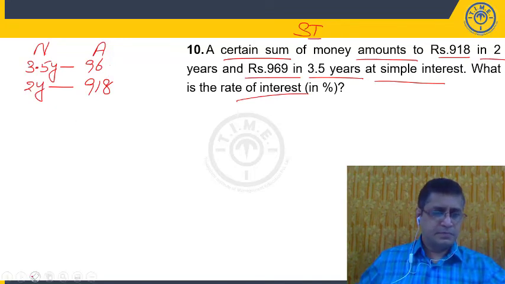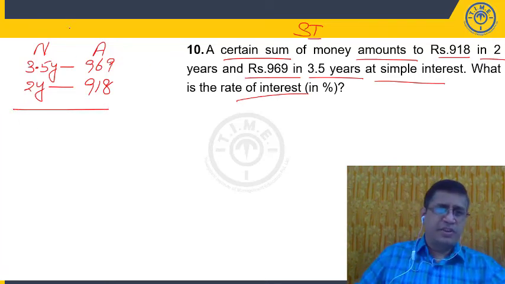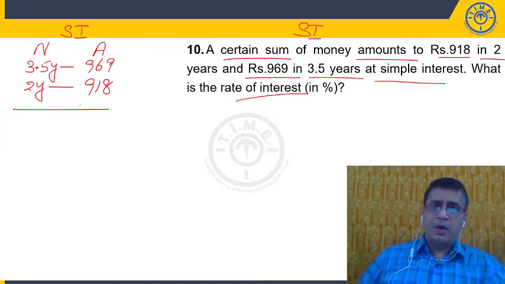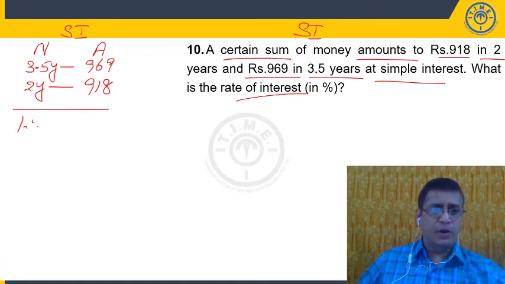Now, the data is given under simple interest. If you observe this question carefully, the difference in the time is 1.5 years.